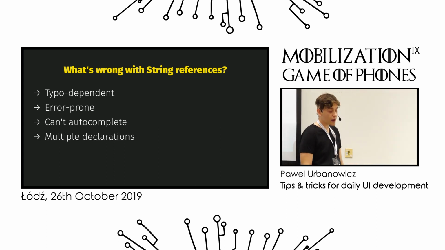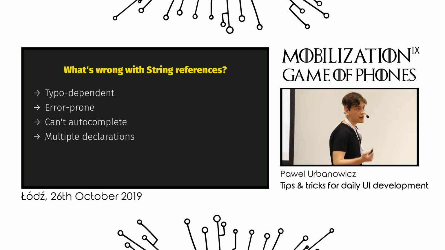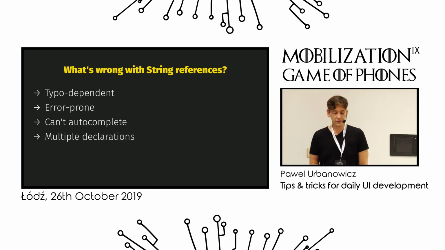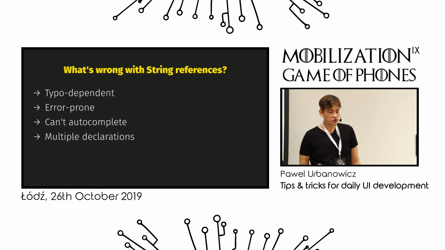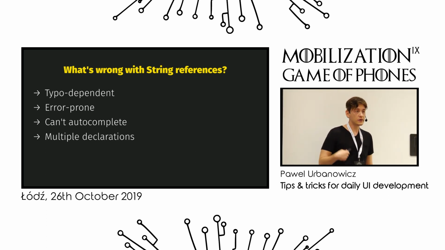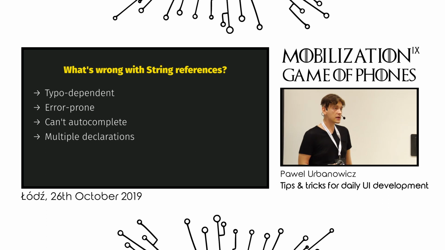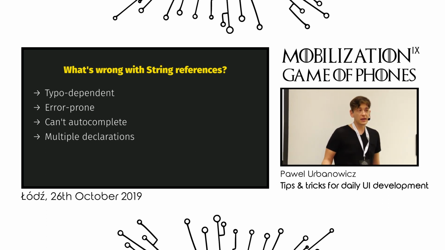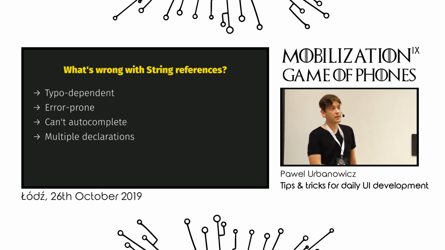And they require declarations in multiple places. Take, for example, a UITableViewCell or UICollectionViewCell. I have to retrieve my collection view cell via reuse identifier, and when I register the collection view cell in the code base, I still have to provide the same identifier, so I have to make sure that it's declared the same in two places.